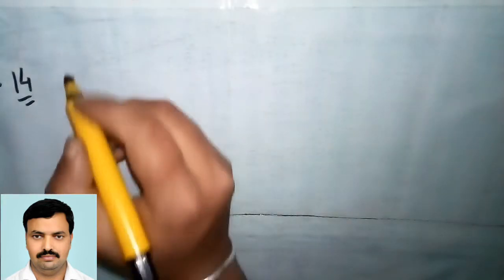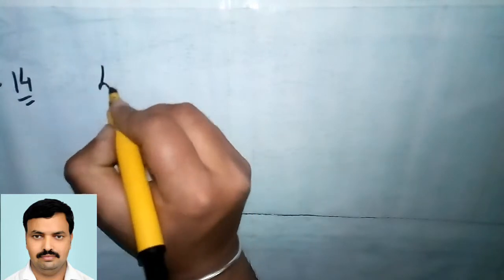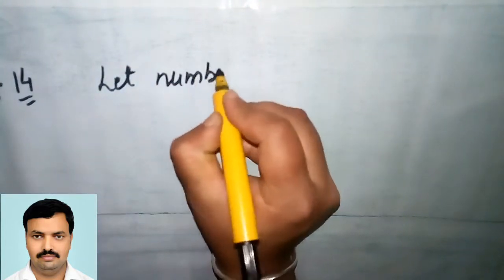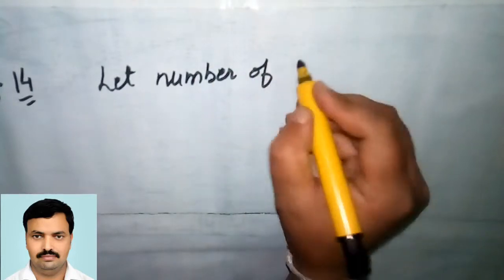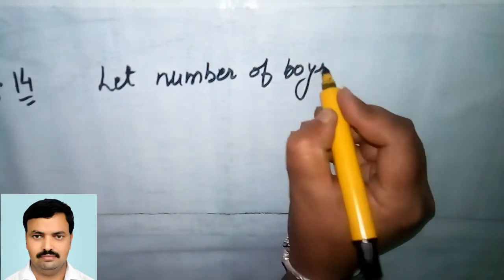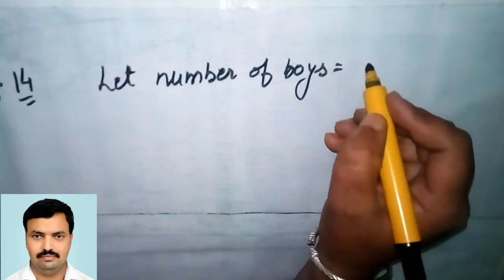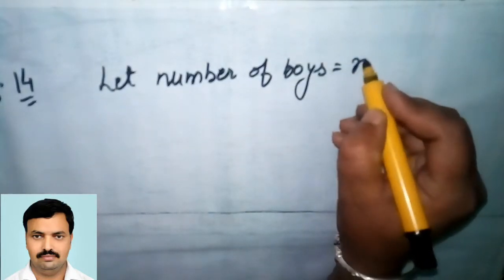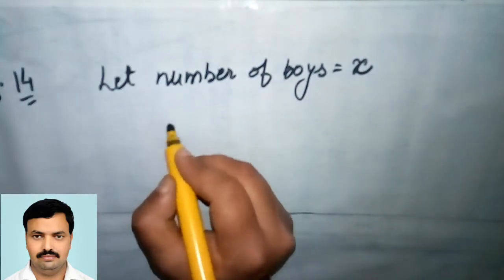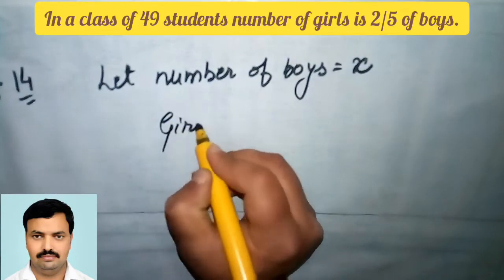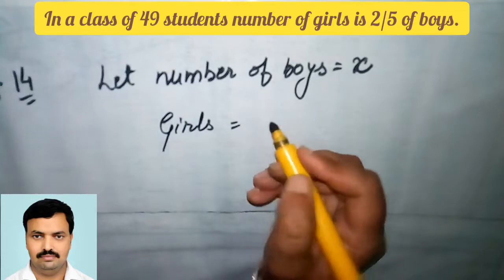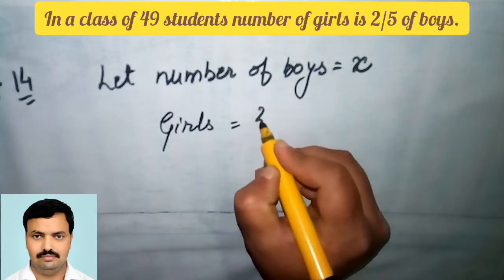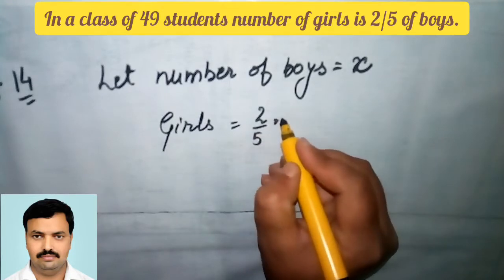So first of all, let the number of boys equal x. You can take some other alphabet also, but here I am taking x again. And the number of girls will be, remember the condition, the girls are 2 by 5 the number of boys.